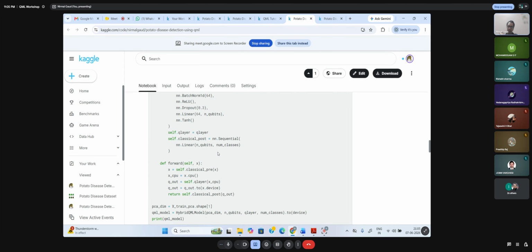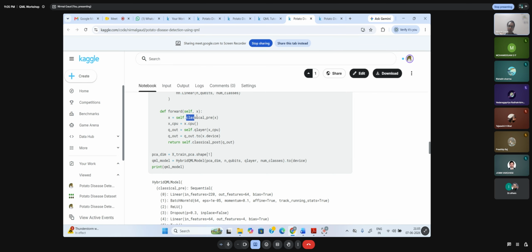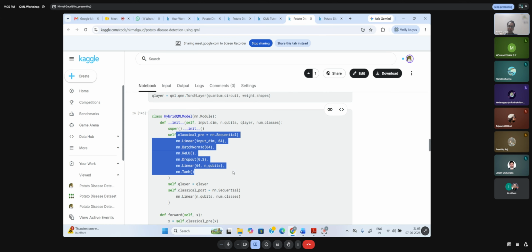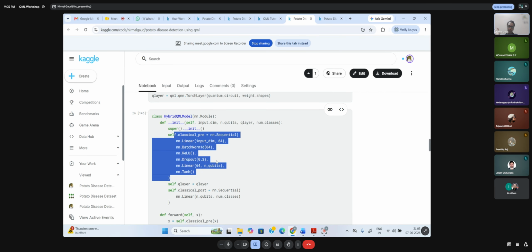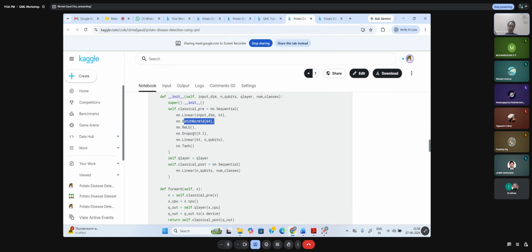All right, the forward pass will go like this. X will be given to the classical pre layers. That means you will give the input to these layers. 32 will be the input dimension, so 32 features will be given as input. There are 64 neurons in the linear layer. Then there is a batch normalization layer, then a ReLU layer, then a dropout layer, then again a linear layer.